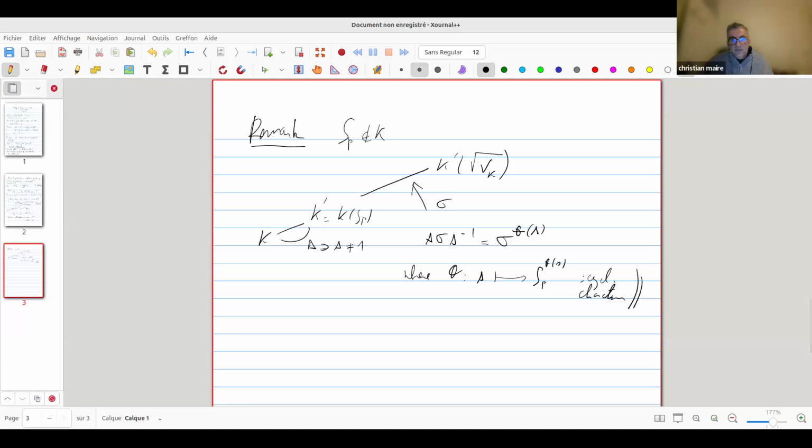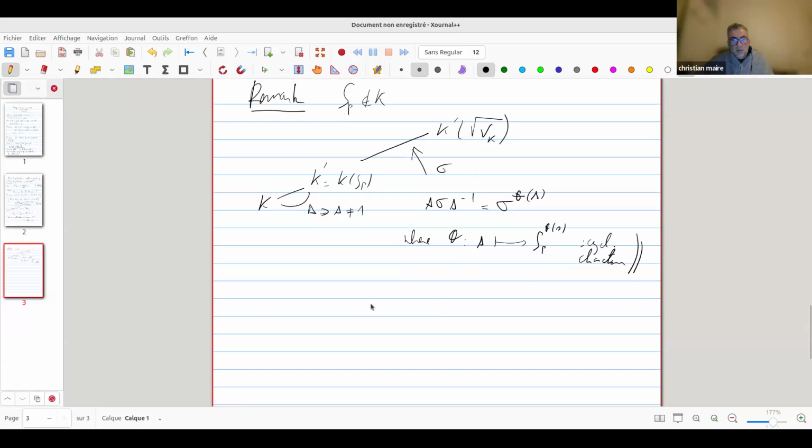This observation may imply the following: imagine you start with an extension here, K prime, and you take another extension here coming by composition with this extension.